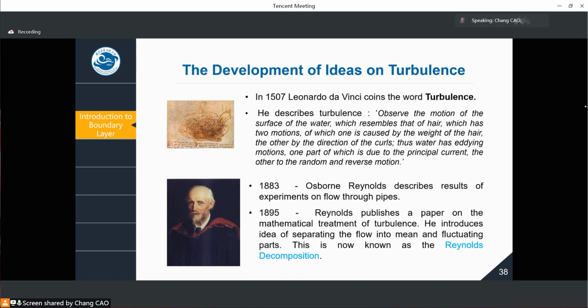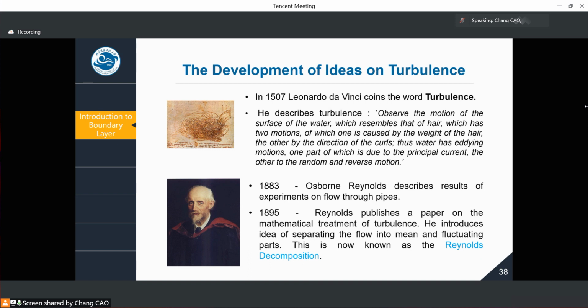And in 1895, he published a paper on the mathematical treatment of turbulence. And he introduced the idea of separating the flow into mean and fluctuating parts. And this is now known as Reynolds decomposition.